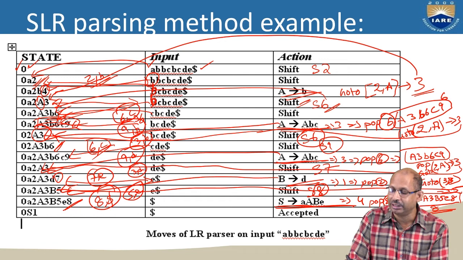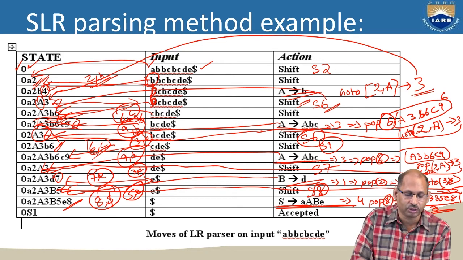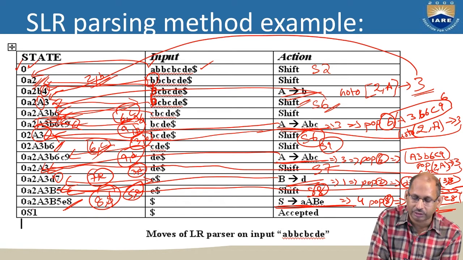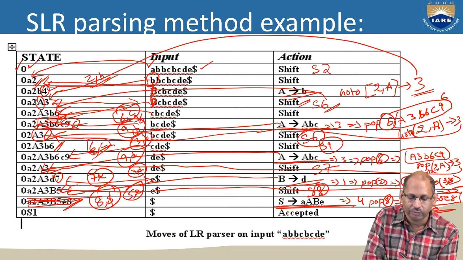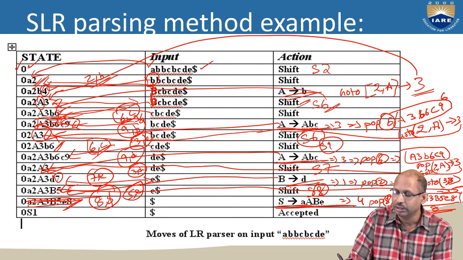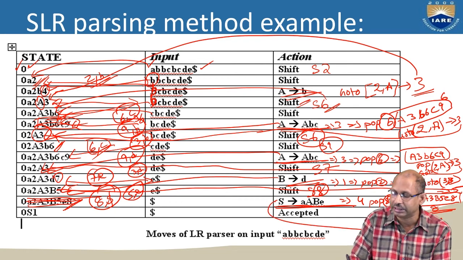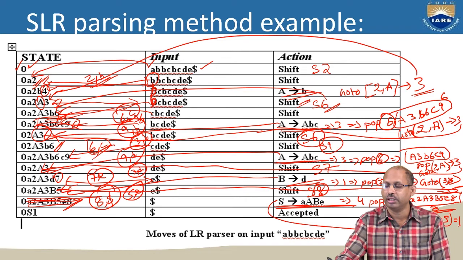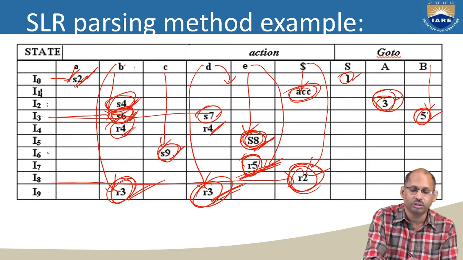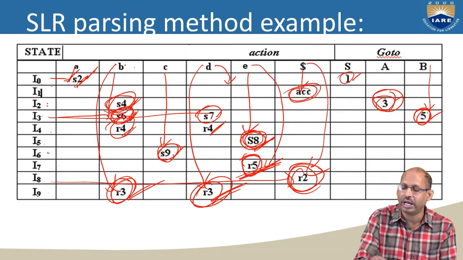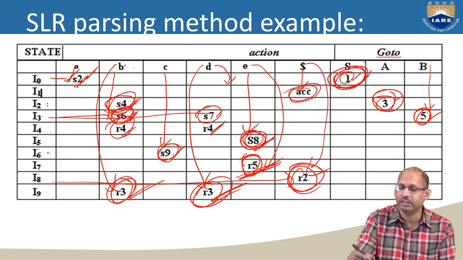Then consider the goto of. What are the goto symbols we have to consider? After removing these 8 symbols, we have 0. Then we consider this S, which from the table, 0 and S gives 1.